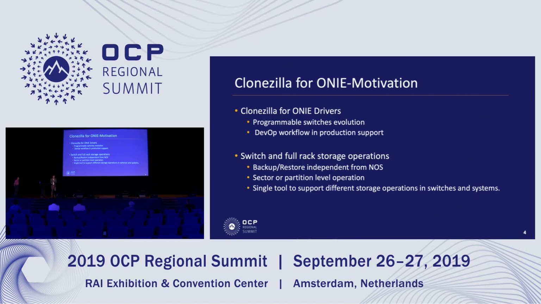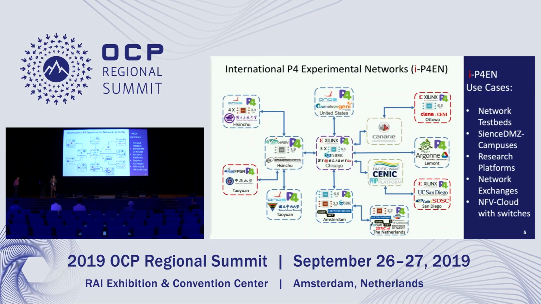So you'll ask us, how do we use this, and what kind of scenario are we using this tool for? This is one example of it. This is the international P4 experimental network, which includes 4 countries and 10 sites. Our local partner in Amsterdam is SurfNet, and they form a collaboration for a P4 testbed in the Netherlands.